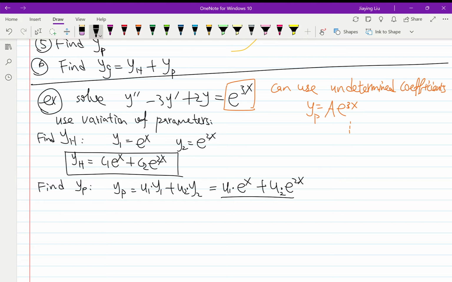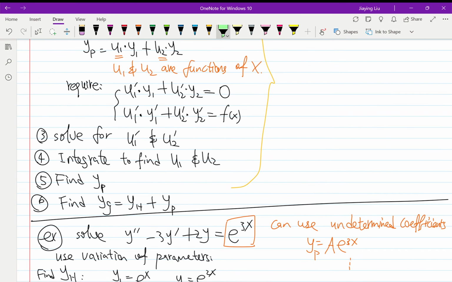And then the next step is to actually find u1, u2. Instead of taking the derivatives of y particular like we did before, we're just going to skip ahead using the two conditions we had earlier. If you remember, we have those two equations we have to satisfy.